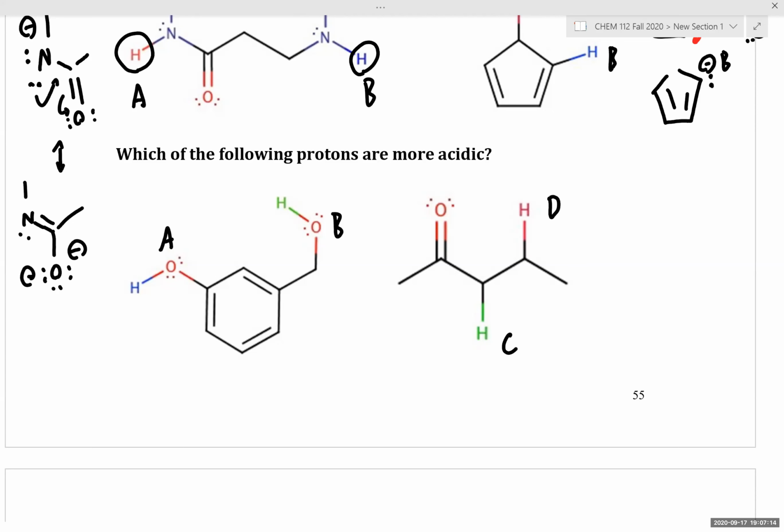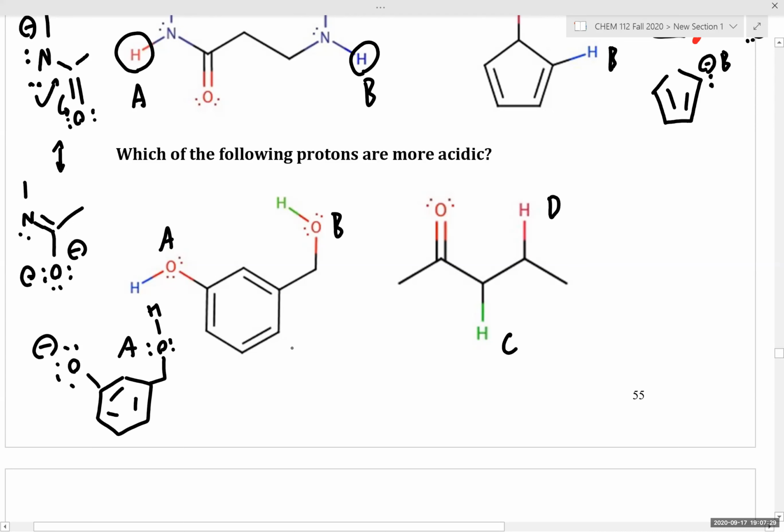We have some contention whether A or B is more acidic. So let's look at the anion generated from A, and let's look at the anion generated from B. My question to you is, which of these anions is more stable?